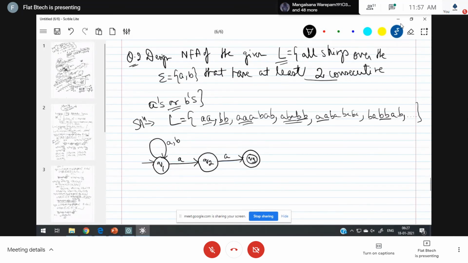As per this diagram, it will accept double A. It will accept any string with a combination of AB, but ending with AA. But what about starting with AA and then any combination of AB? For that, I need to insert A comma B here. Okay, so the A part is completed. I'm considering this string itself; any number of combinations of such type will be accepted by this machine.